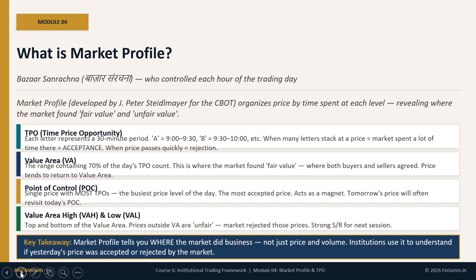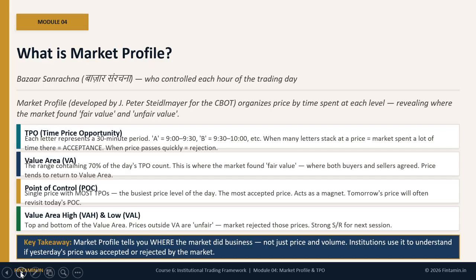Point of control is the single price level with the most TPO letters, the busiest price of the entire day. This is the most accepted price. Tomorrow, price will often return to test today's POC before establishing a new direction.